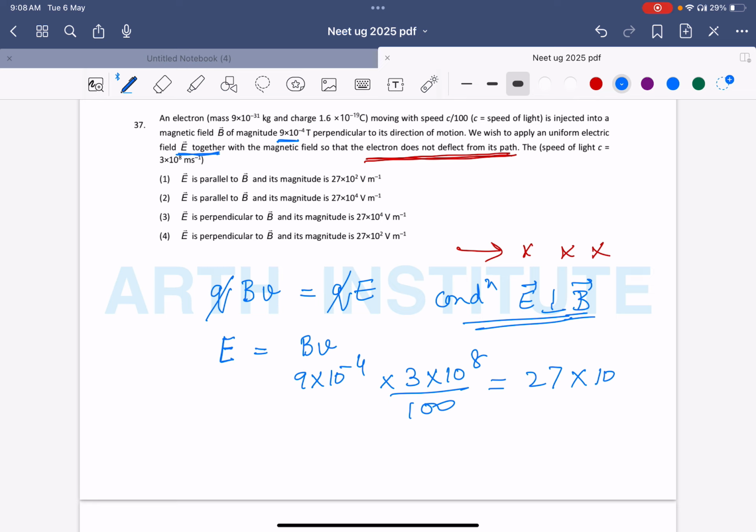And the electric field is in Newton per Coulomb, or it can also be volt per meter. You have to take care of the SI unit. So the answer is 27 into 10 to the power 2 volt per meter. But remember two things. Only the magnitude is not enough. E should be perpendicular to B. So the correct answer is 4.